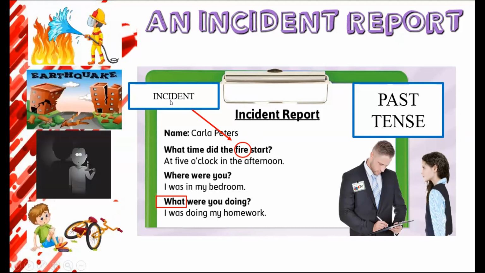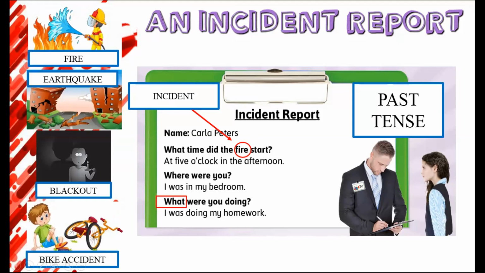And we can have different ideas, no? The fire is this, but it could be an earthquake, a blackout, or a bike accident. You need to choose one of these incidents, please. Okay?